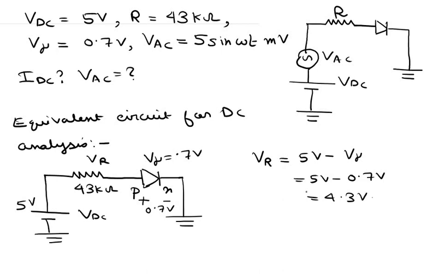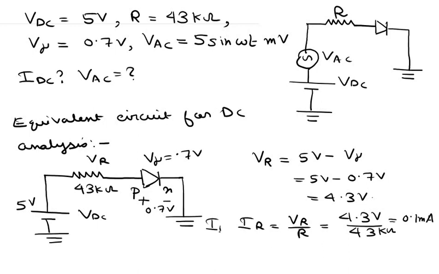So the current through the resistor is IR equal to VR divided by R, which is 4.3 volts divided by 43 kilo ohms. So this is equal to 0.1 milliampere. So this is basically the DC current across the resistor and also across the diode.